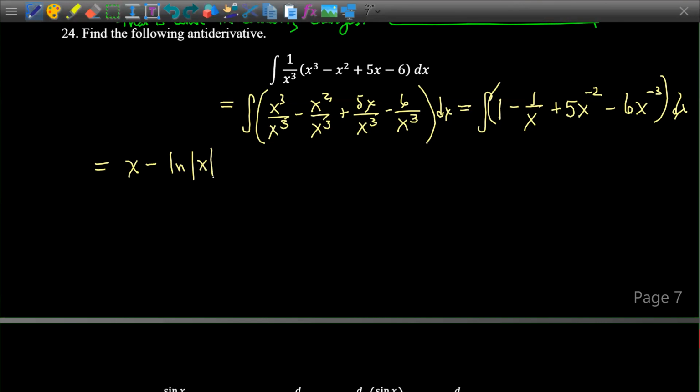You're going backwards from the integral to finding what you would have to differentiate to get what's inside the integral. You just memorize the formula, then it's going to be the natural log of not just x, but the absolute value of x.